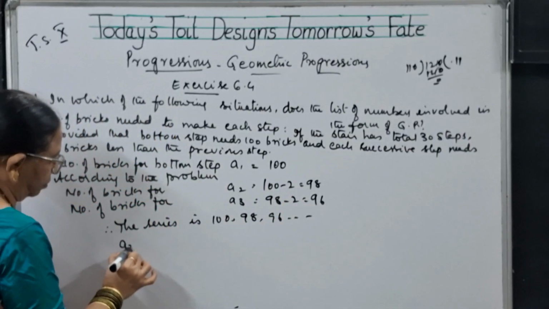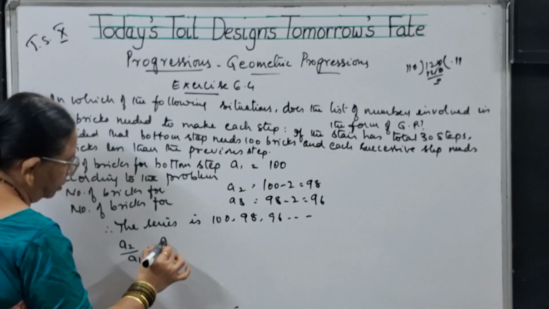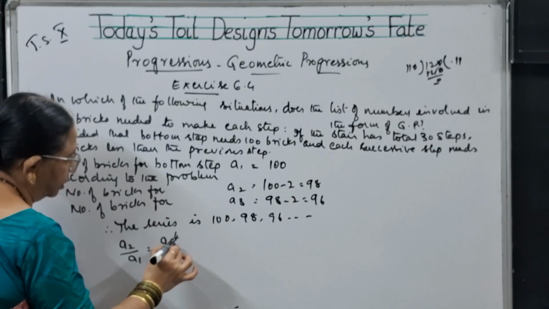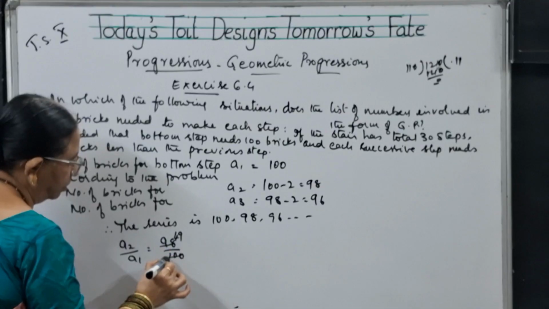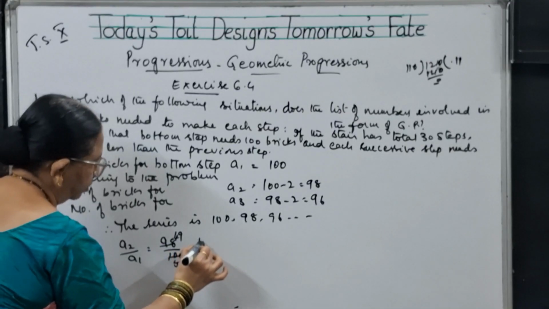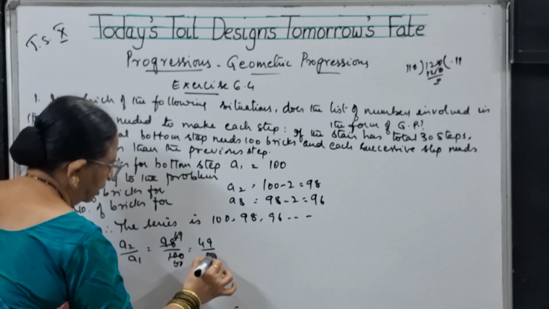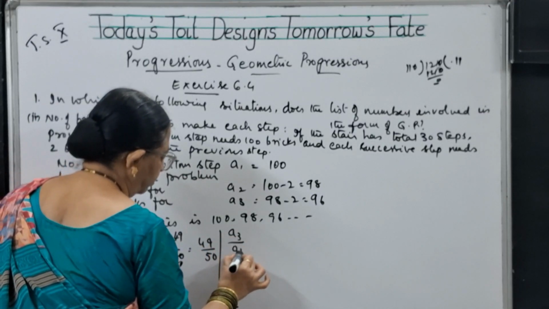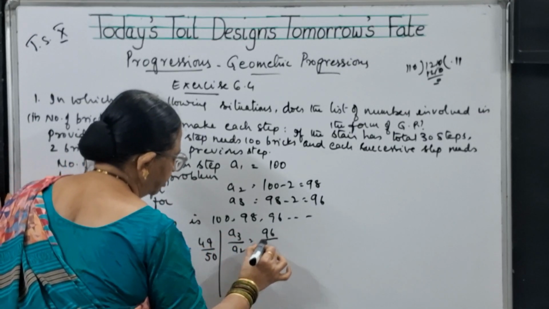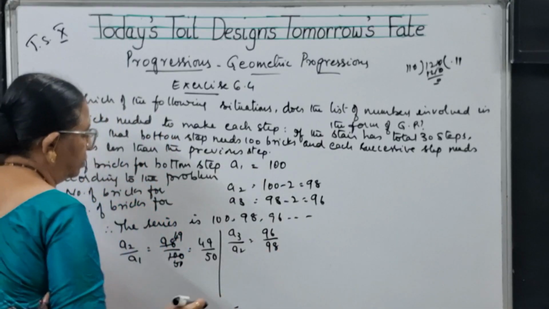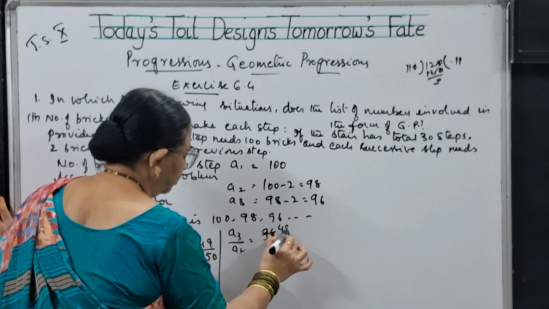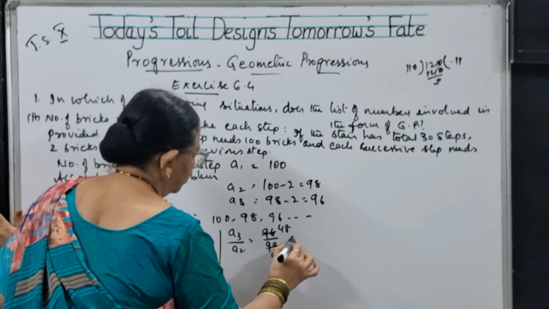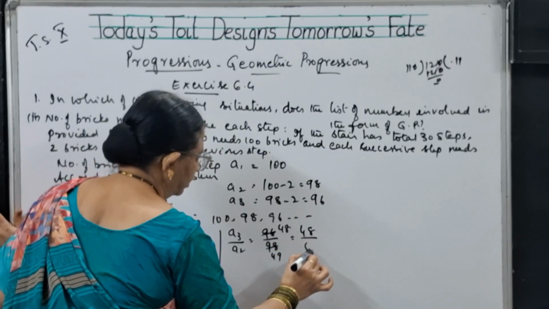So let us find out A2 by A1. 98 by 100, that is 2 4s are 8, 2 9s are 18, 2 5s are 10, so 49 by 50 I am getting. Now let me go for A3 by A2. That is 96 by 98, that is 48 by 49.